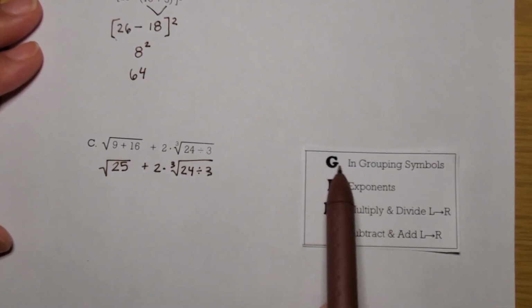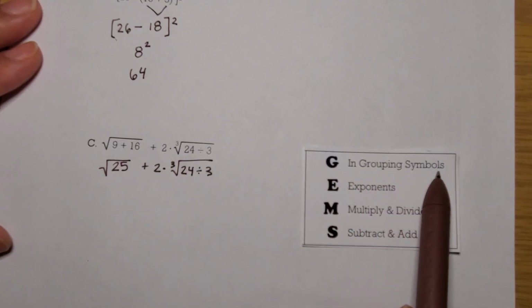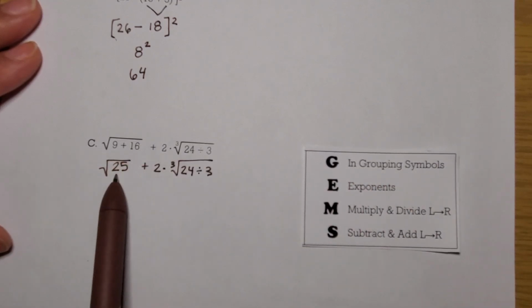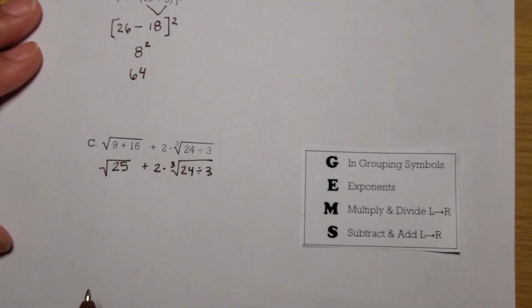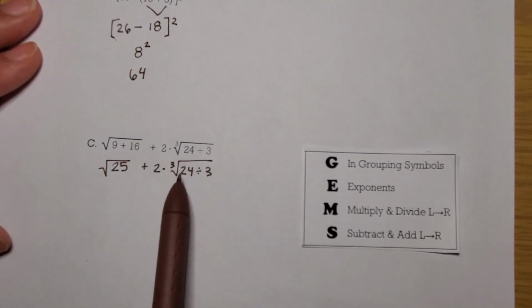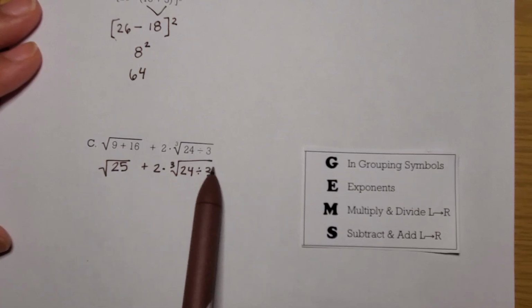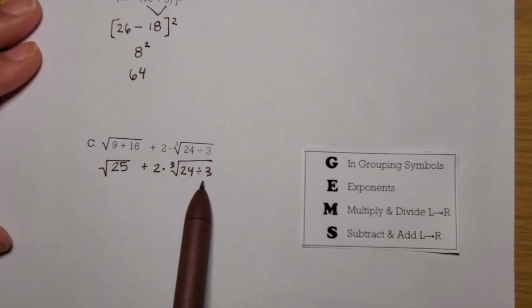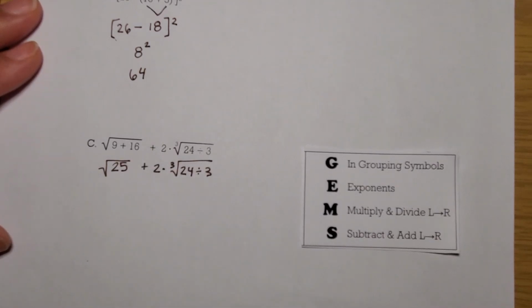Okay, we're still on this grouping symbols. We just finished this group when we got a number. Do we have any other grouping happening? Yes. So there's this other radical here, and it's grouping the 24 divided by 3. So that's what we're going to do next. So 24 divided by 3 is going to give us 8.